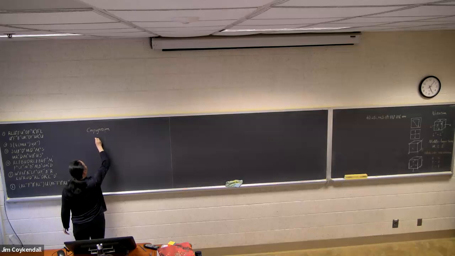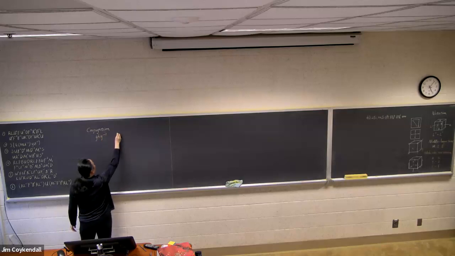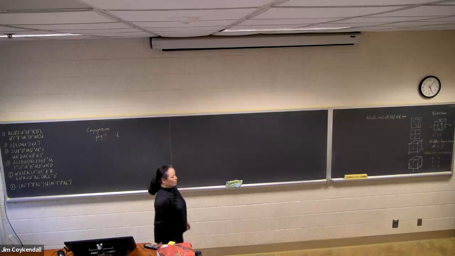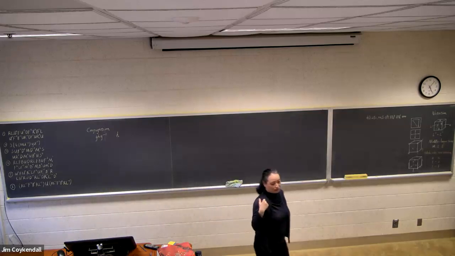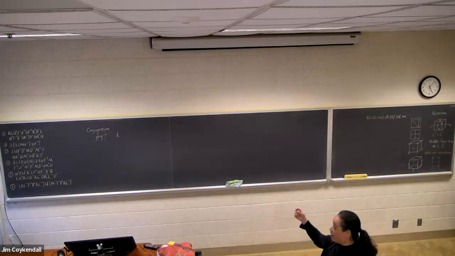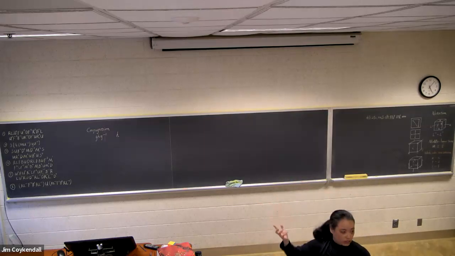So G H G inverse is a conjugation of H. H is the main thing you do, but in order to do that, you do some preliminary moves, G. And then after you do H, you undo G, right?